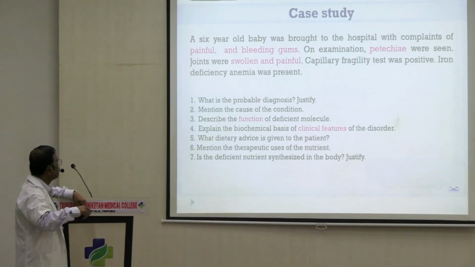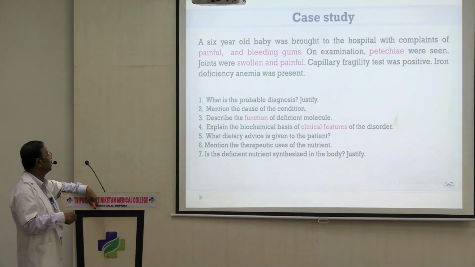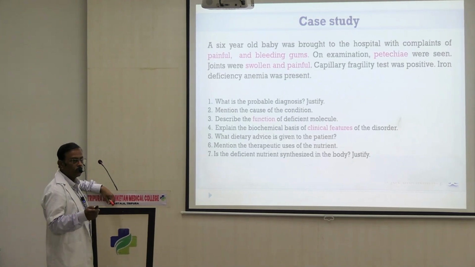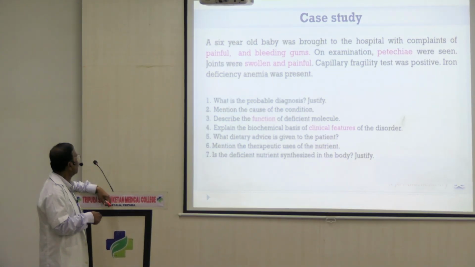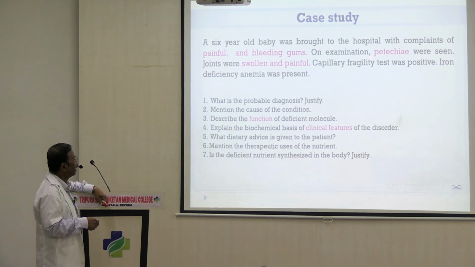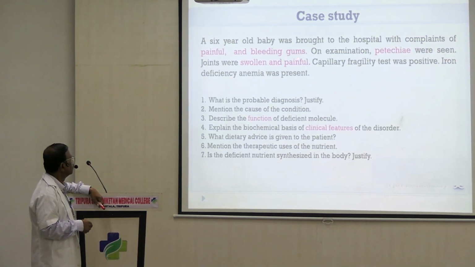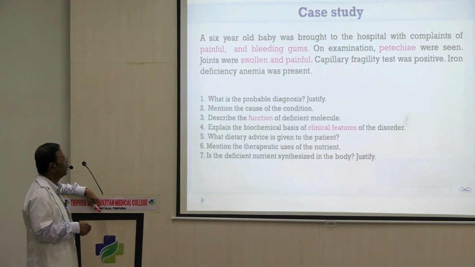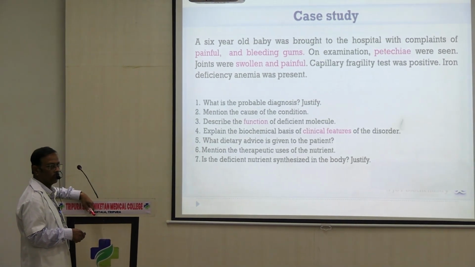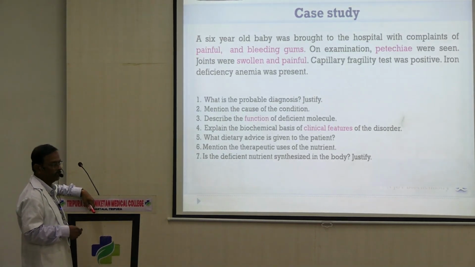Now, what is the probable diagnosis? Justify your diagnosis. Say this is a case of scurvy because there was painful and bleeding gums. Then petechial hemorrhage is there. Swollen painful joints are there, and there was positive capillary fragility test along with iron deficiency anemia.